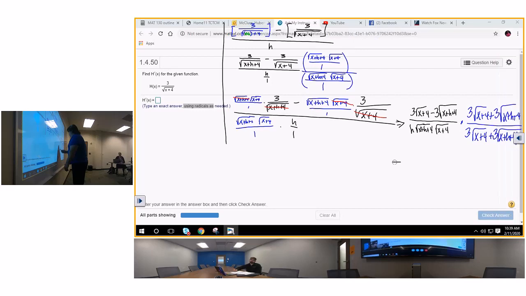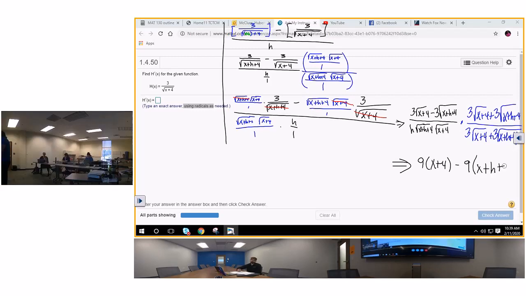I think I'm going too far with this. 9 times x plus 4 minus 9 times x plus h plus 4 over, good gracious, what a mess. You can factor out a 3 there.